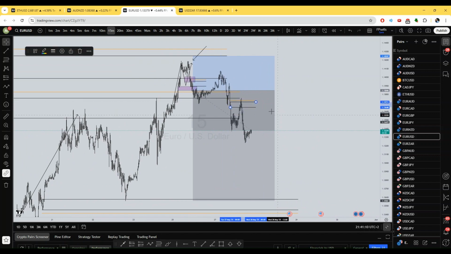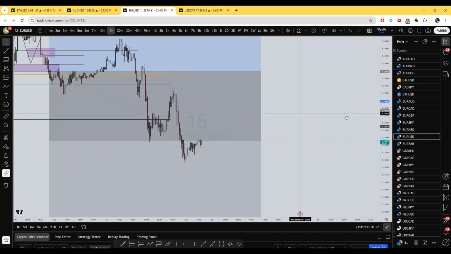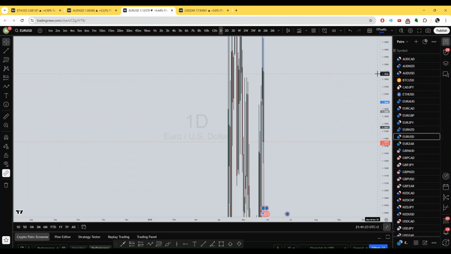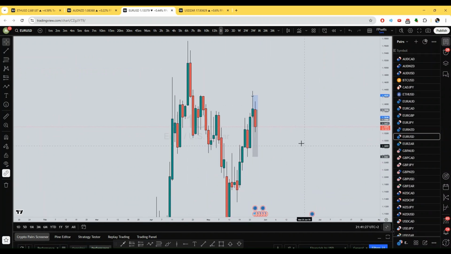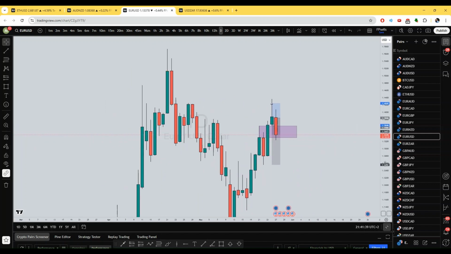Now let's talk trade management. How I'm gonna be managing this trade. Simple. We can look at it from the daily. On the daily, we can see that we are testing this break of structure right here.